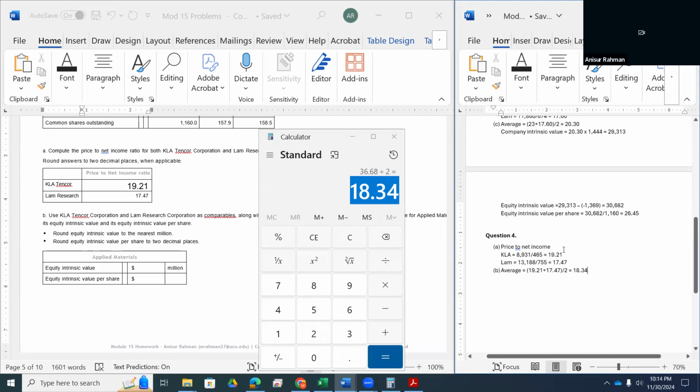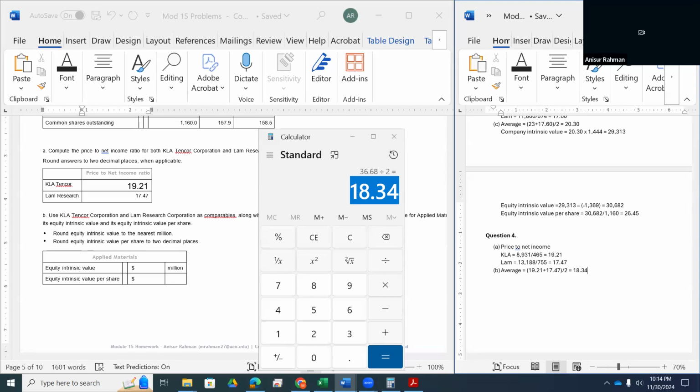So price to net income basically tells us how much $1 of net income is worth in the market for its equity. So when we calculated the average and found 18.34, that basically means $1 of earnings is priced as $18.34 as market value of equity.